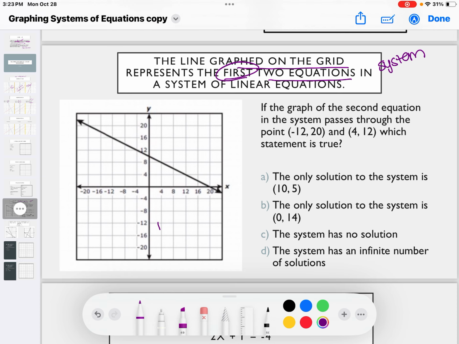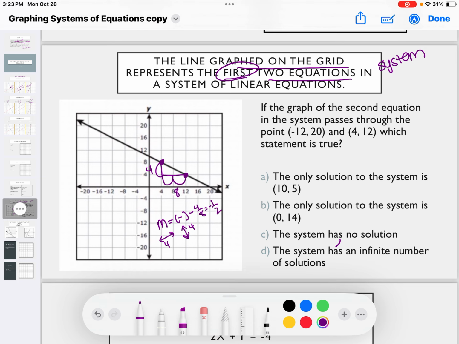Okay, so for one thing I noticed the slope is negative, right, because this line is going down from left to right. I noticed the x and the y-axis are both going by 4s, so I'm going to keep that in mind too. So I see a point here, and I see a point here. I'm going to do my rise over run, rising 4, running 8. So negative 4/8 is the same thing as negative 1/2.